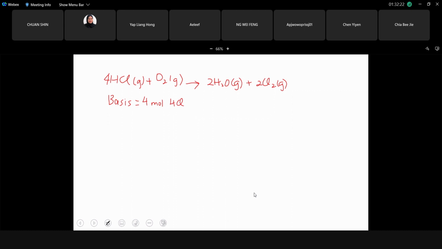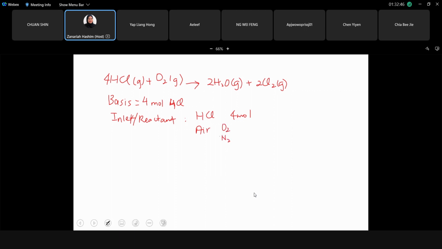Okay, so if you use 4 moles, you can calculate your inlet or your reactant stream. You will have HCl, which is 4 mole, and then air. Air is composed of oxygen and nitrogen.